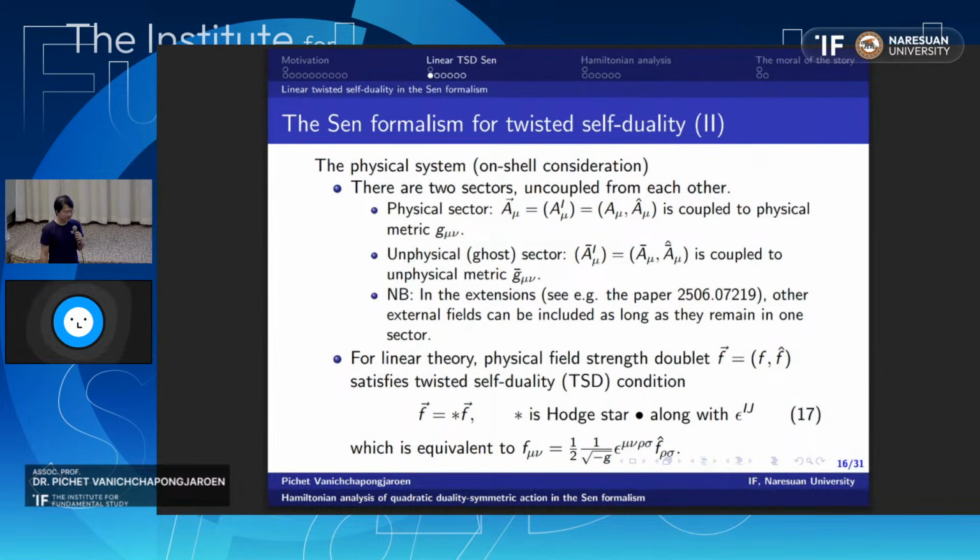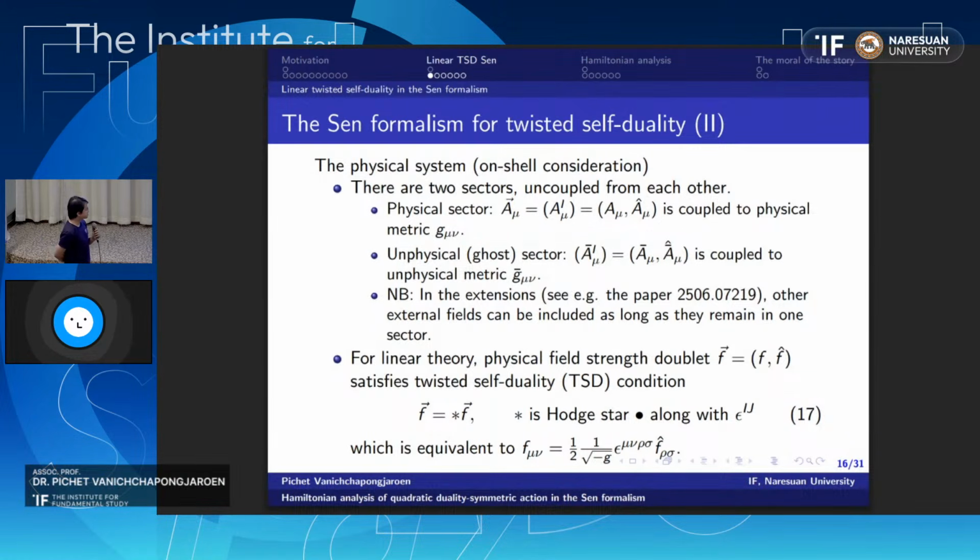So actually, the original paper by Professor Sen was to construct, if I recall correctly, type 2A or 2B supergravity theory in another formalism, and it is motivated from string field theory.